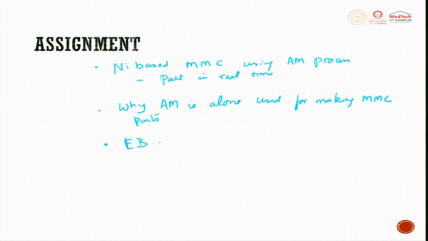Third, electron beam and laser beam, and their influence on aluminum matrix composite parts. These three questions are very important. These three questions will give you more insight to understand what we discussed till now.